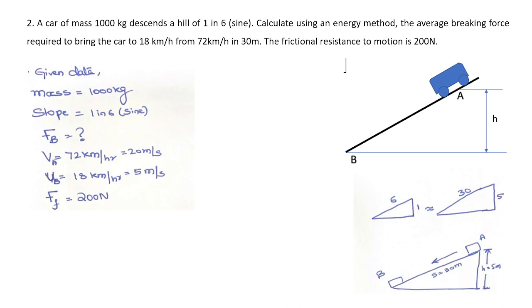So for example, you have here a car with a mass of 1000 kilograms. This descends, meaning going down a hill, with a slope whose angle is theta, for example.